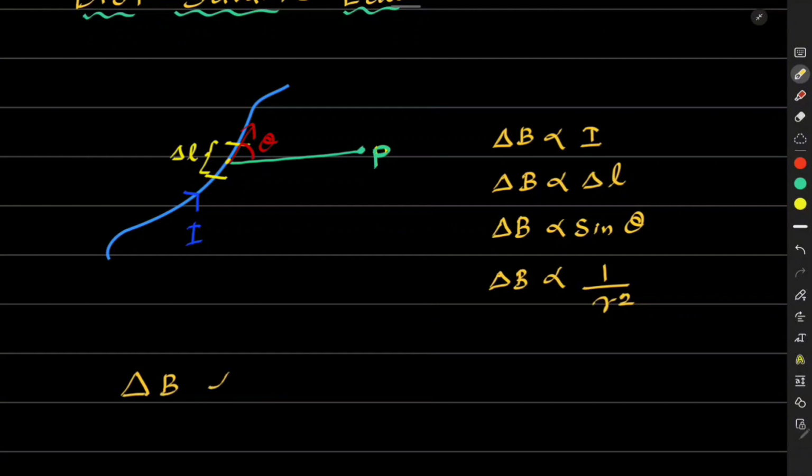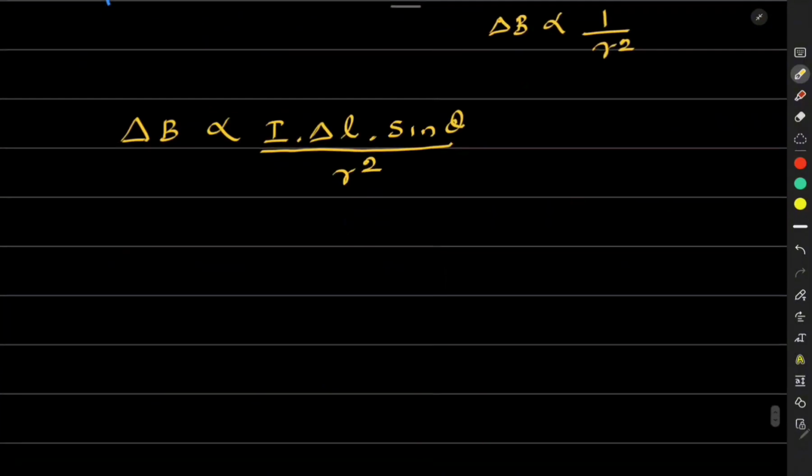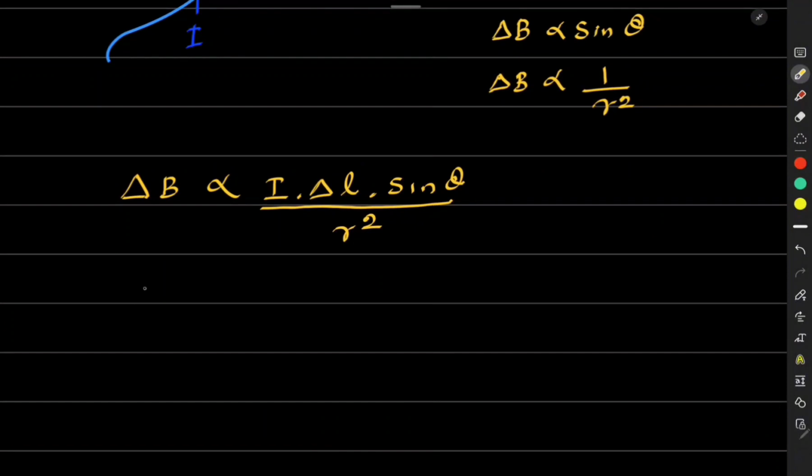Delta B is directly proportional to I delta L sine theta divided by distance squared. We'll take this as delta B equal to K, which is a constant, times I delta L sine theta divided by R squared.